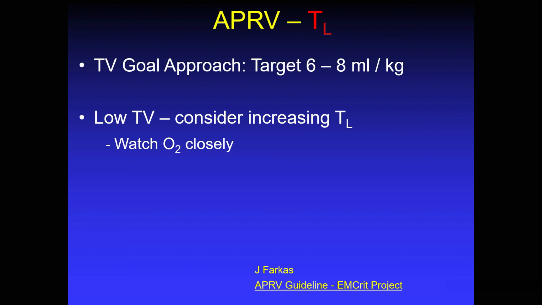Look at what your tidal volumes are reading on the release volumes. If they're significantly less than 6 milliliters per kilogram, and certainly if they're less than 3 or 4 milliliters per kilogram, then you probably need to increase the T-low some. On the other hand, if you're banging out more than 8 milliliters per kilogram tidal volume with the T-low you have set, then you probably need to decrease it some.